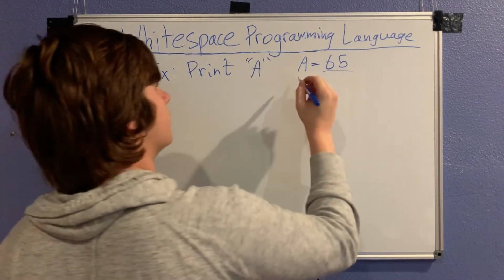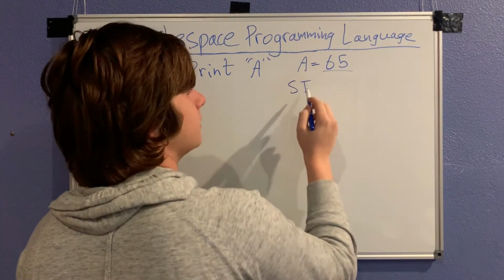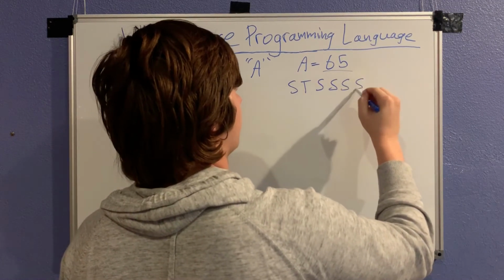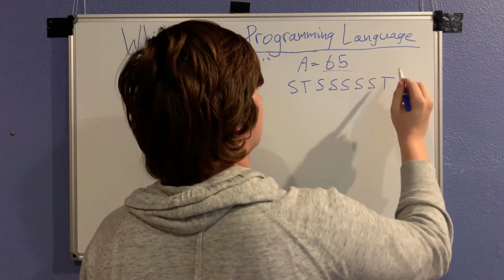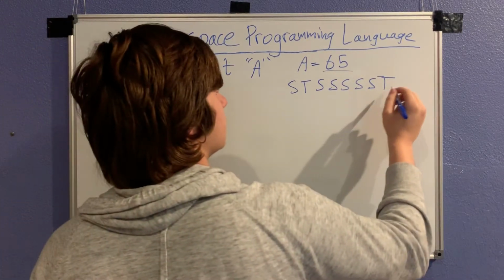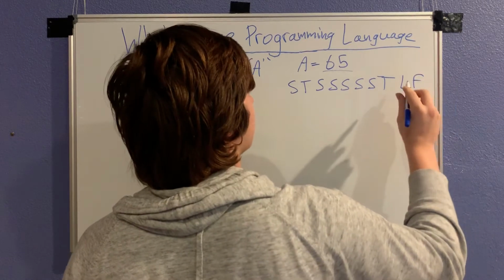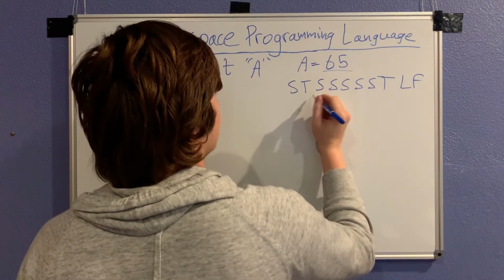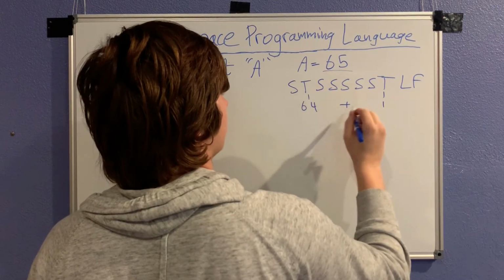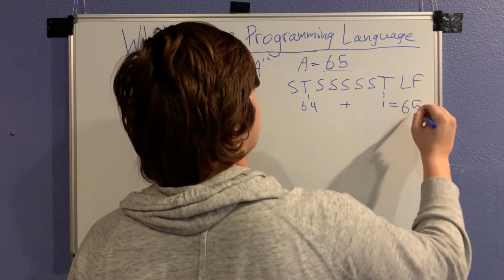So we can just start with space, tab, this is equal 64, 32, 16, 8, 4, 2, 1. And that is the binary number for 65, and obviously a line feed at the end. Because this is a 1, this is 64, add them, and that is 65.